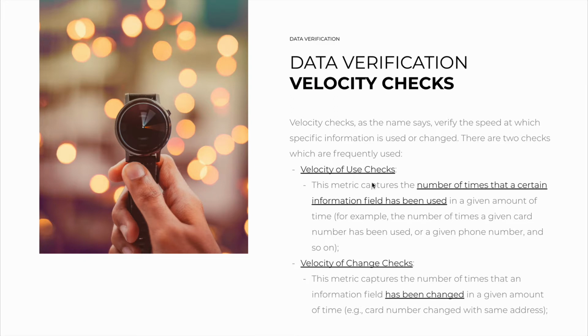This metric captures the number of times that a certain information field has been used in a given amount of time. For example, the number of times that a given credit card has been used within 6 months, or the number of times the same phone number has been used in that period of time, the same shipping address, and so on. Then we have velocity of change checks.